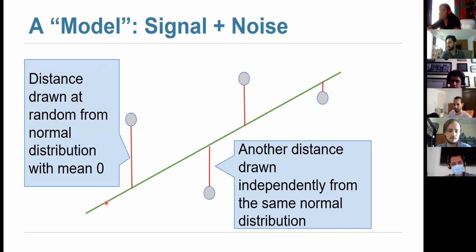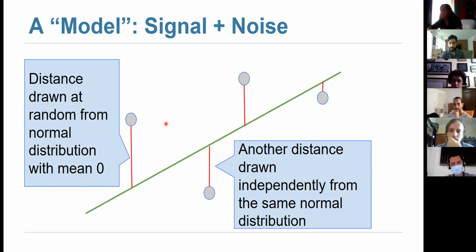So basically this is the distance drawn at random from a normal distribution with mean 0. If we consider this is the case, then this distance should follow the normal distribution. So it means that I should have more points closer to my regression line than farther from it if they are following the normal distribution with mean 0.